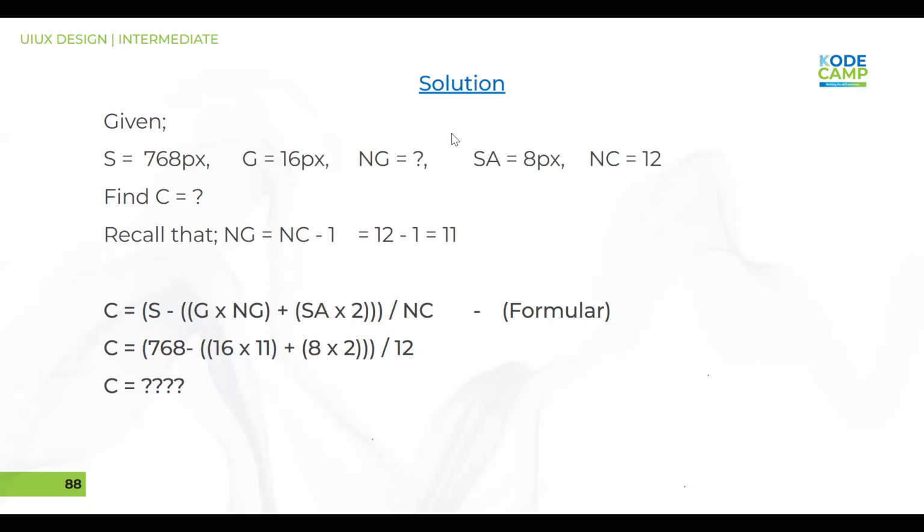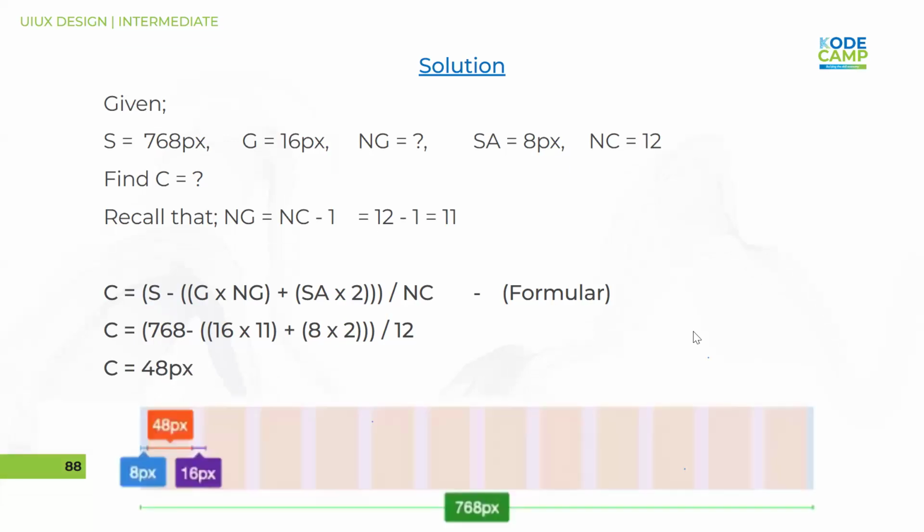So let's proceed. We have 48 to be the answer from the trainees, and 48 is correct. So after using BODMAS, the spacing between the columns on your tablet screen is going to be 48.